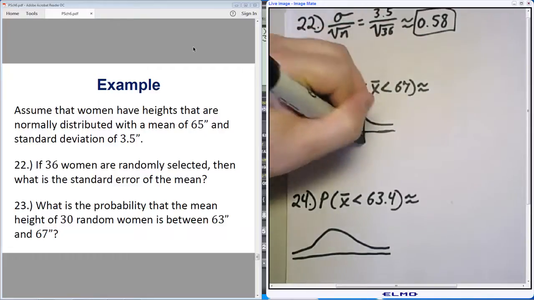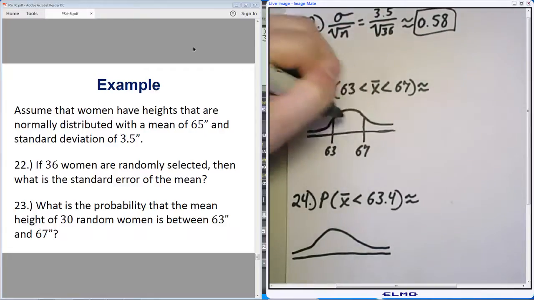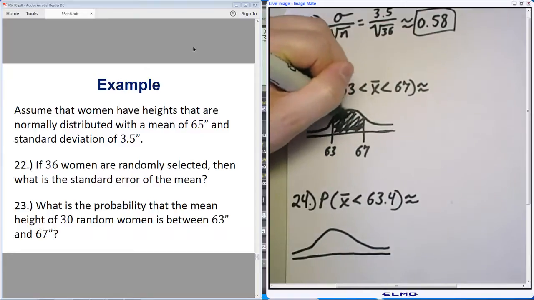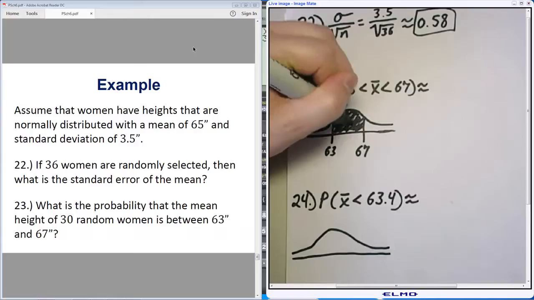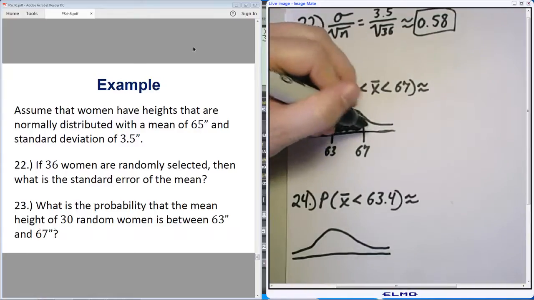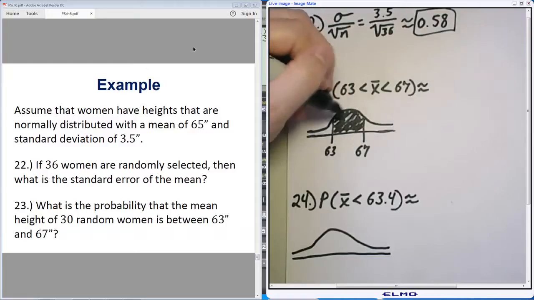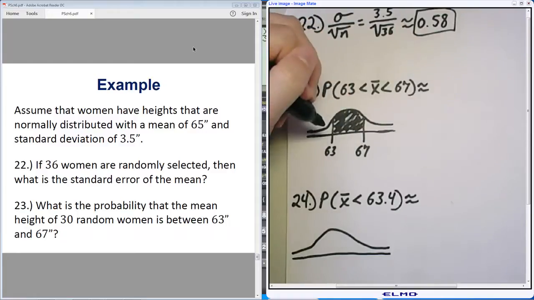For my sketch, I'm finding the area between. So I'll need the area like this. Do make sure that your numbers are at least on the correct side of the mean. Remember, the mean is always in the middle of the distribution.